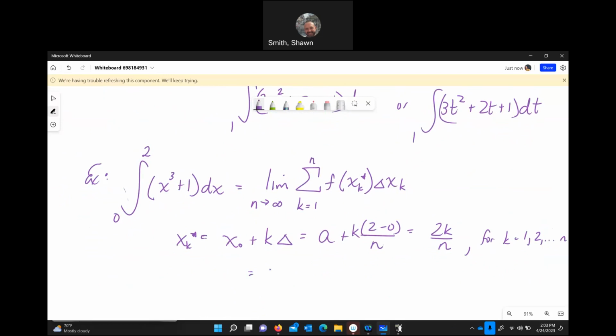So my Riemann sum is f of this k star times my change in x of k, which is 2 over n. Change in x of k is b minus a over n, right? B minus a was 2 minus 0 over n, 2 over n.